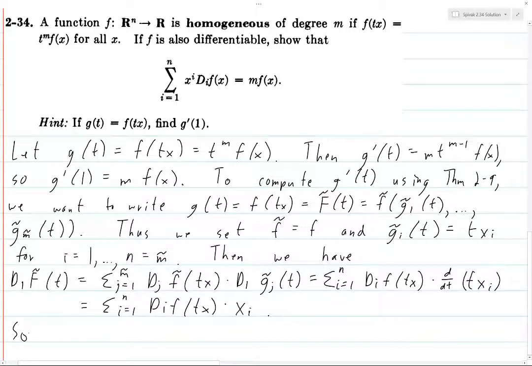So if we evaluate this at t equals 1, we have d1 f tilde of 1. Well, since f tilde of t is equal to f of tx, this is d1 f at x.